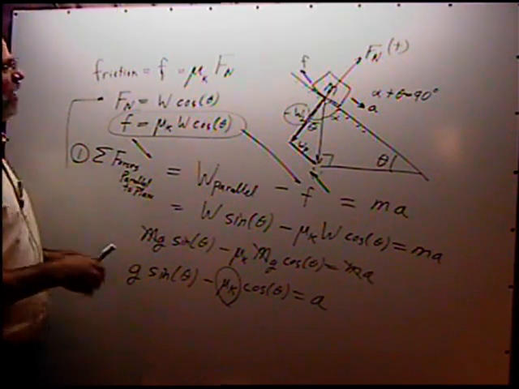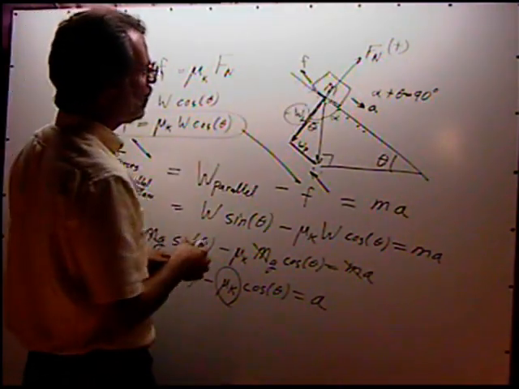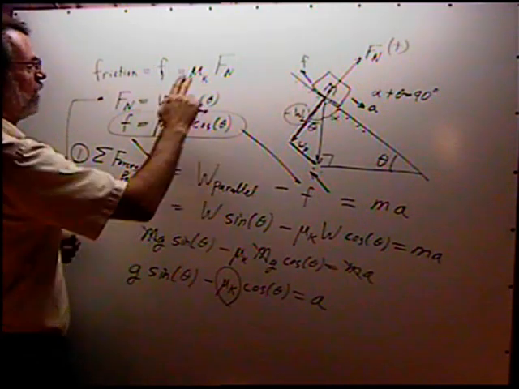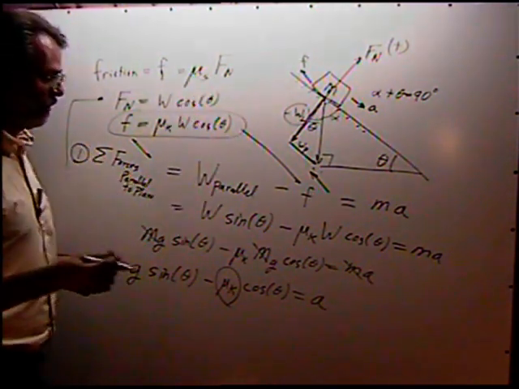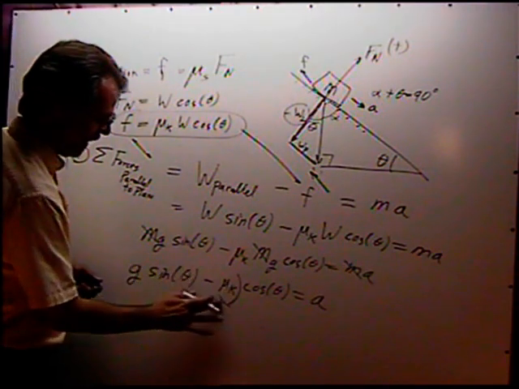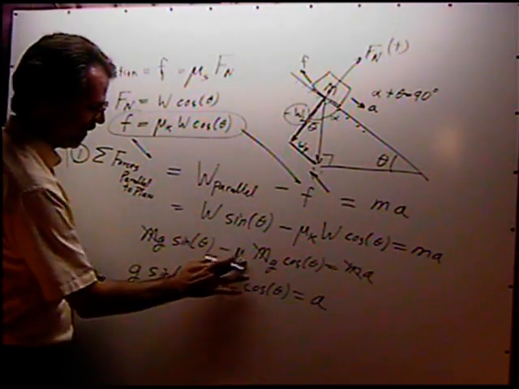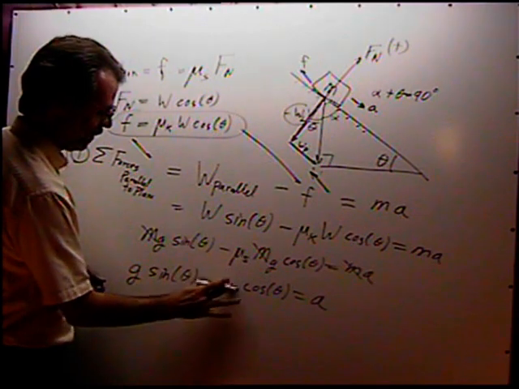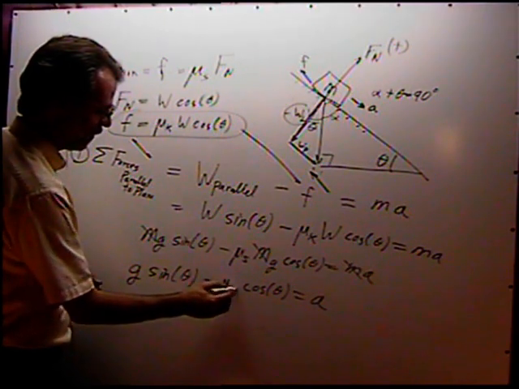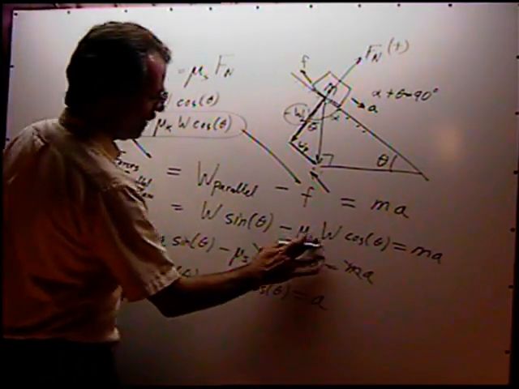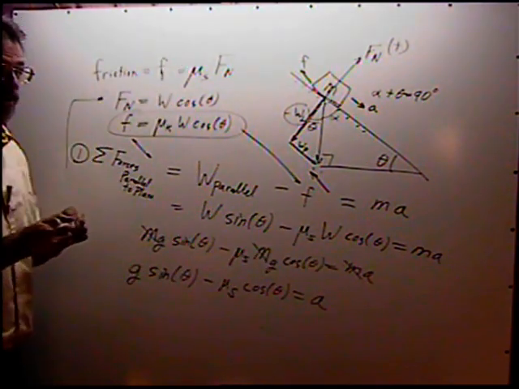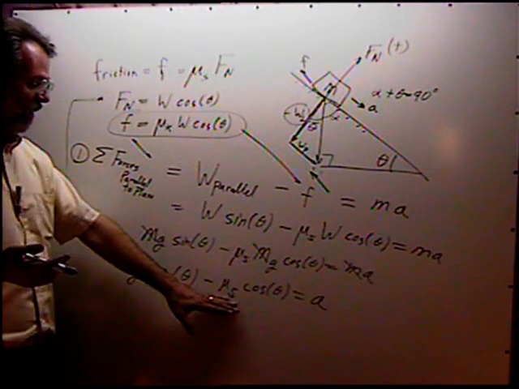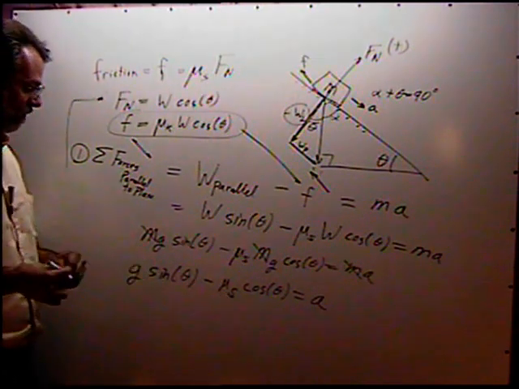Now, if the object was stationary and wasn't moving yet, just about to move, then instead of the kinetic coefficient of friction, we would simply have the static coefficient of friction. The object hasn't moved yet, but it's just about to move, overcoming the static coefficient of friction.